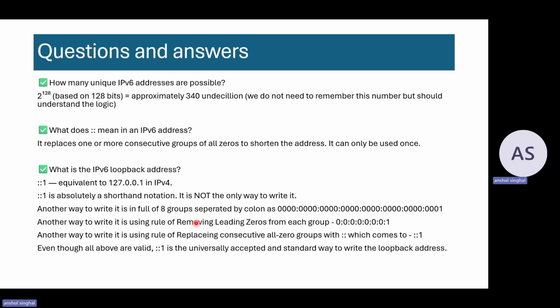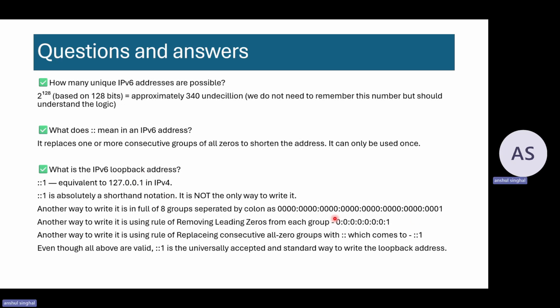As we learned previously, IPv6 addresses are 8 groups separated by colons. The loopback address is represented with 7 groups of 0000, and the last group as 0001.